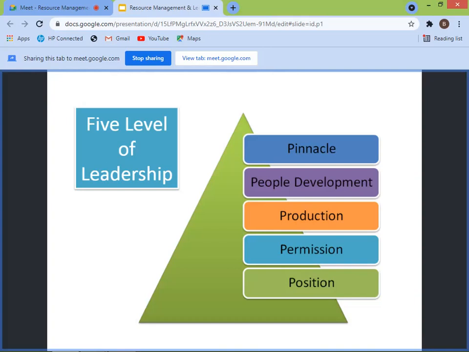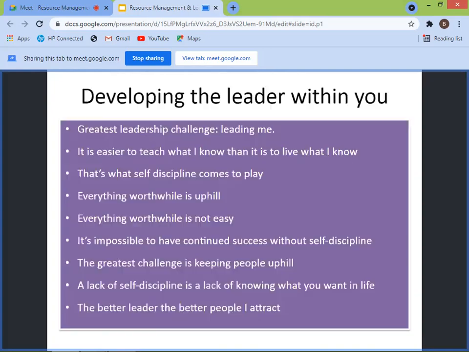So pinnacle is the top one, and you want to be in that position as a leader. You've got everything already as a pinnacle leader. Okay, so that would be the 5 levels of leadership.